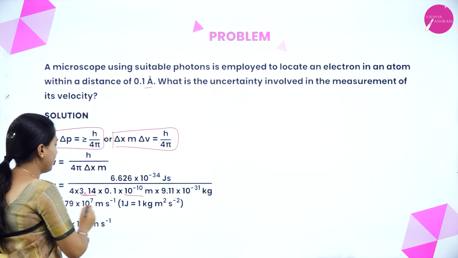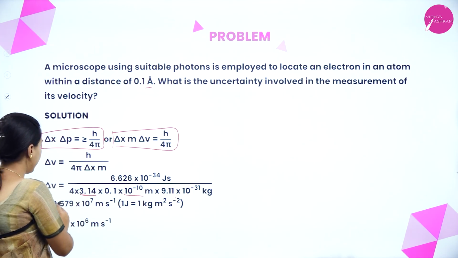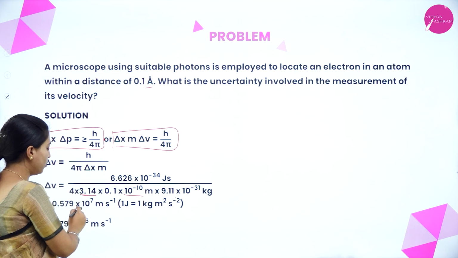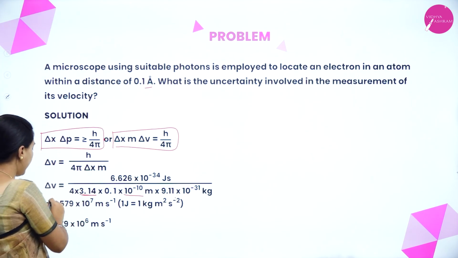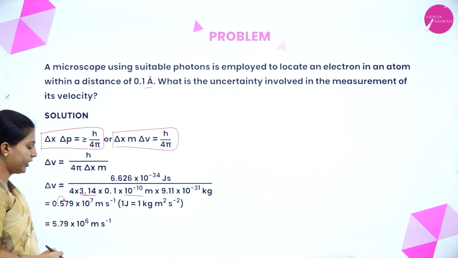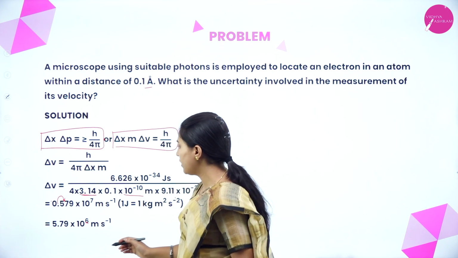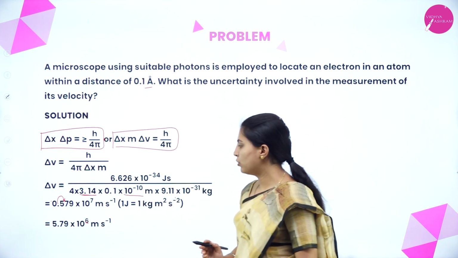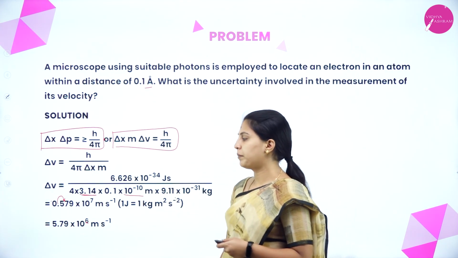After substituting this, we will get 0.579 into 10 to the power of 7. They are changing the decimal position, so it will be decreased. The overall value is 5.79 into 10 to the power of 6 meter per second.